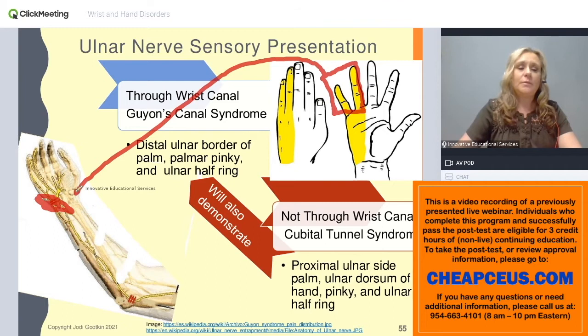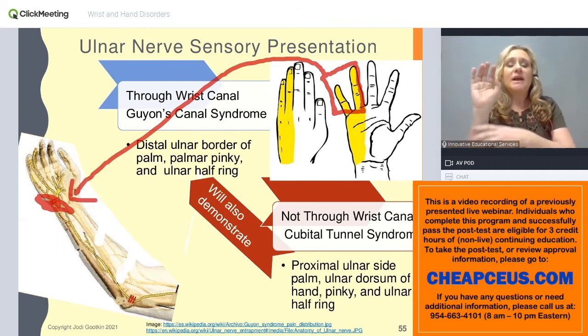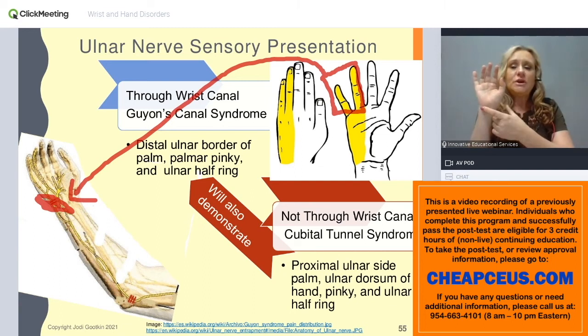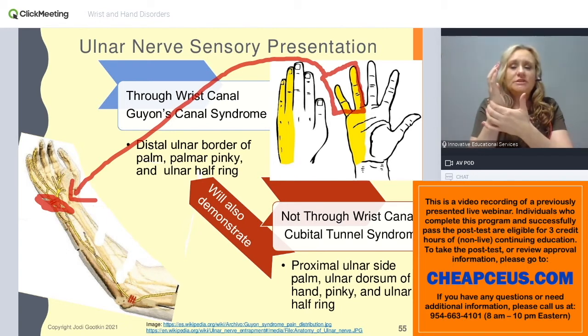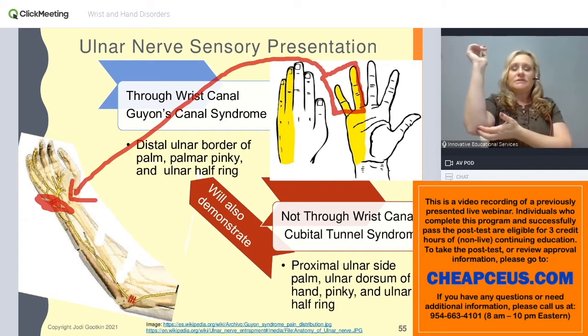Here we go, when we have compression there. This is again because that digital branch of the nerve is going through the canal, so it becomes compressed. But the palmar branch and the branch that supplies the dorsal portion go outside the tunnel. So we're only going to see that sensory loss if there is compression up here at the elbow.